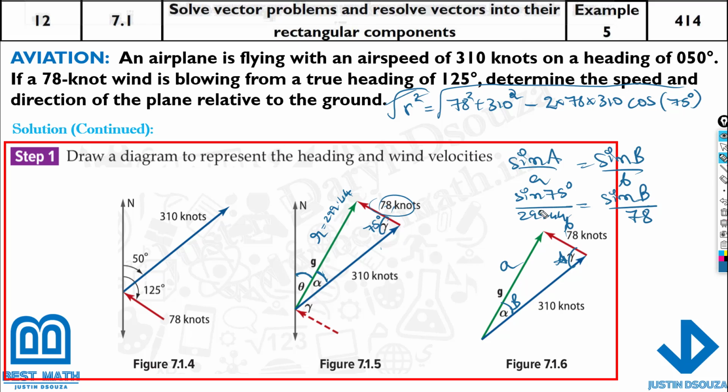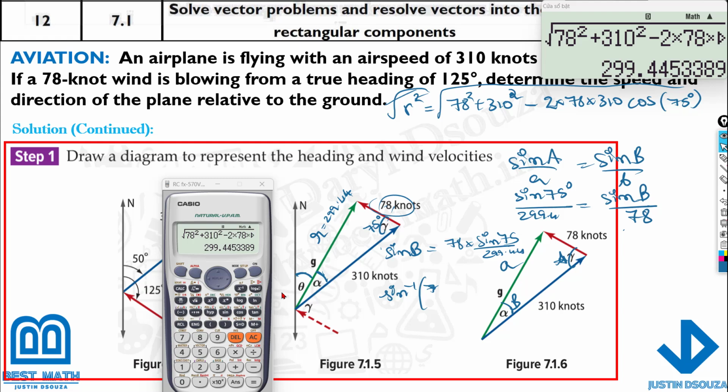Sine B will be equal to 78 multiplied by sine 75 divided by 299.44. But how do you find B? We need the angle, so you need to take sine inverse on both sides. It's going to be sine inverse of this entire thing. I'll just put it in the calculator and tell you the answer.